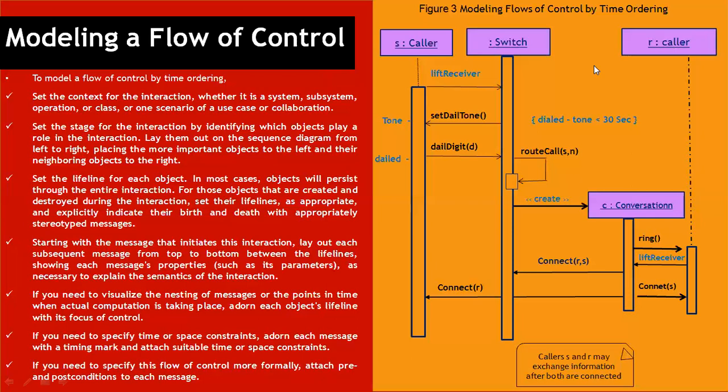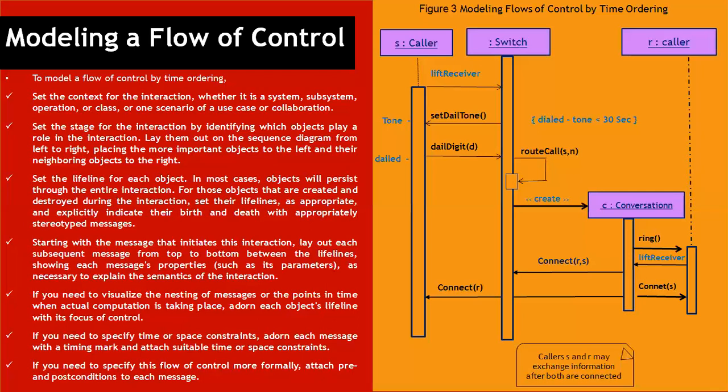The lifeline of each object, in most cases, will persist through an entire interaction. For those objects that are created and destroyed during the interaction, we set their lifeline as appropriate and explicit, which indicates their birth and death with appropriate stereotyped messages.